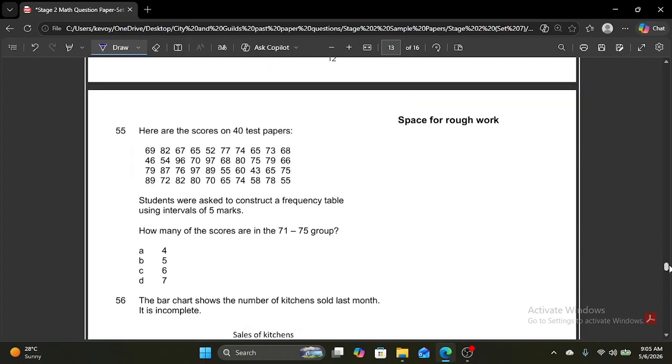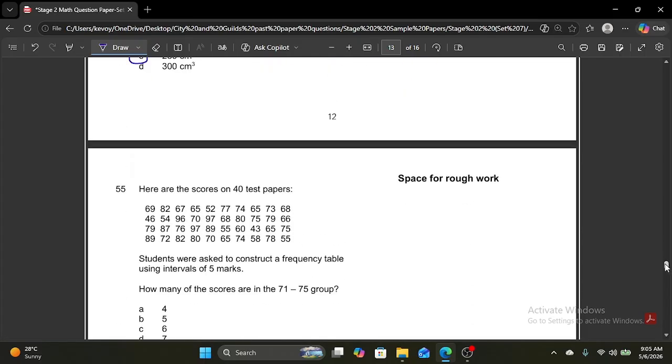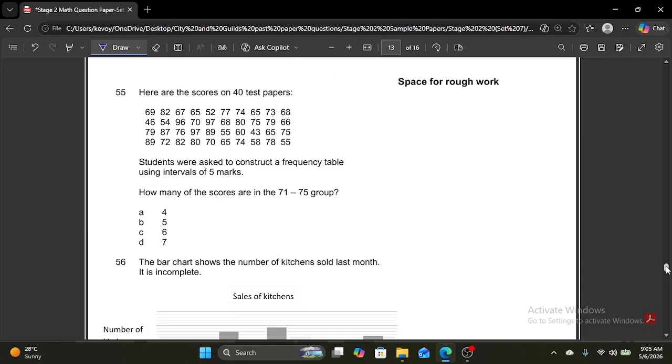Alright, moving on. So question 55. Here are scores on 40 test papers. Students were asked to construct a frequency table using intervals of 5 marks.